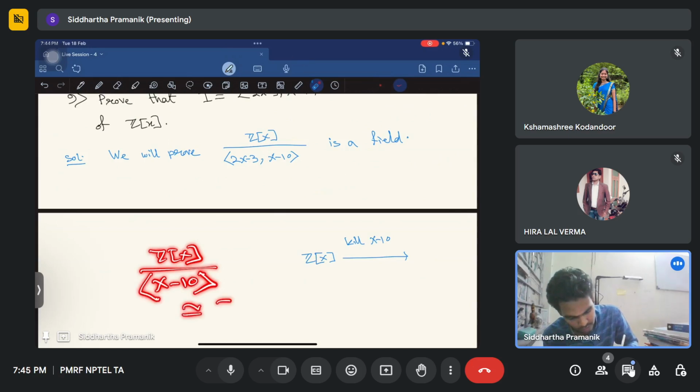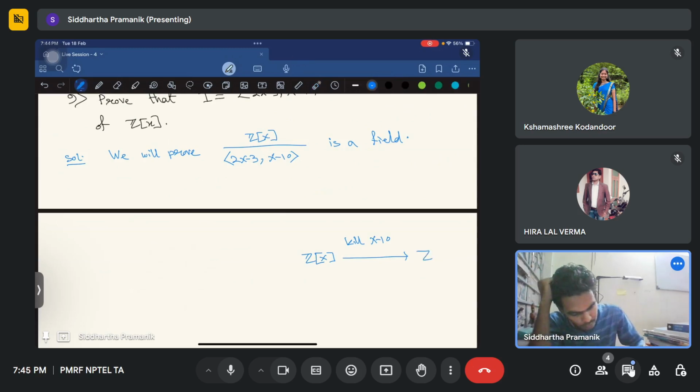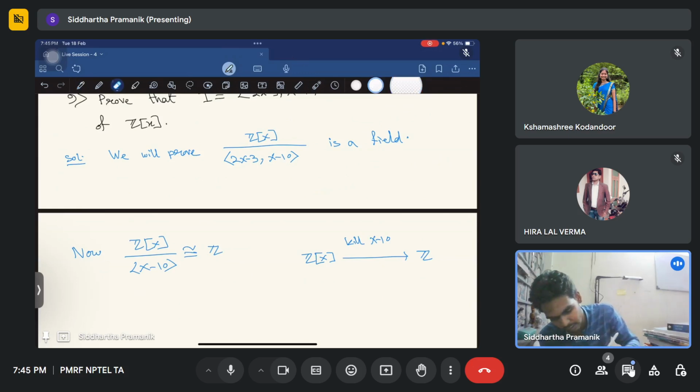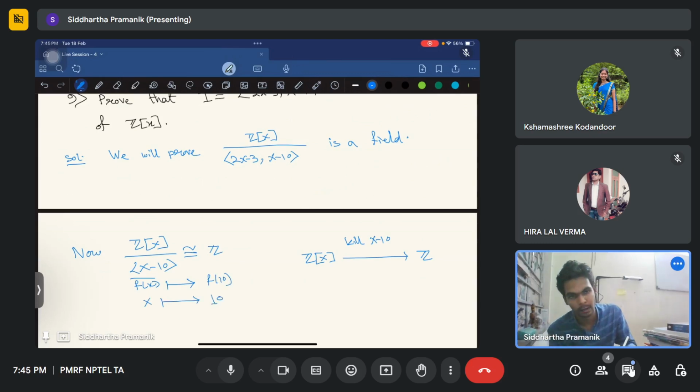We will get just Z. Now Z[x] mod x minus 10 is isomorphic with Z, and here we are identifying x with 10. Let me write the complete thing. This is by f of x going to f of 10, so x going to 10.